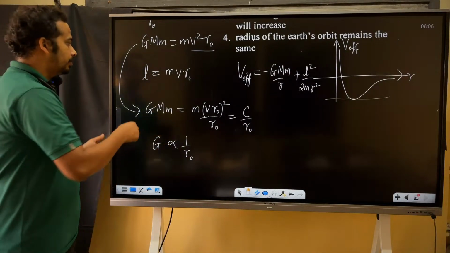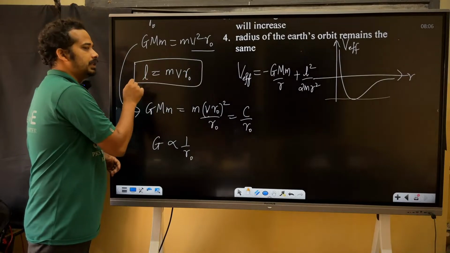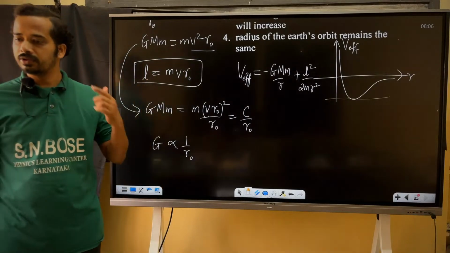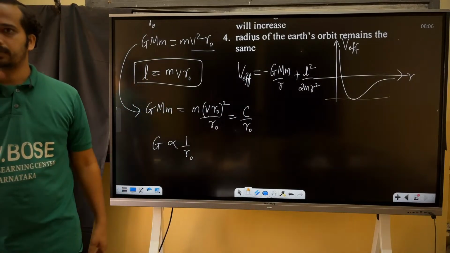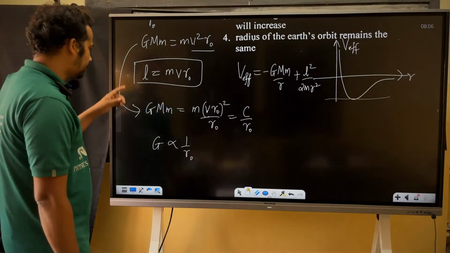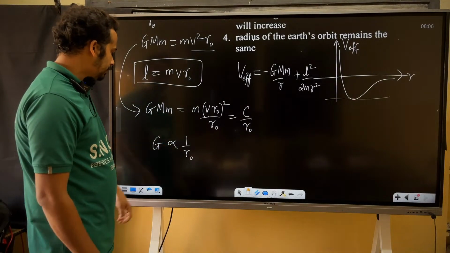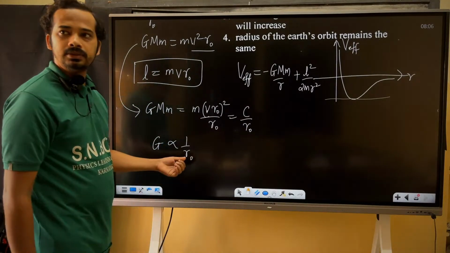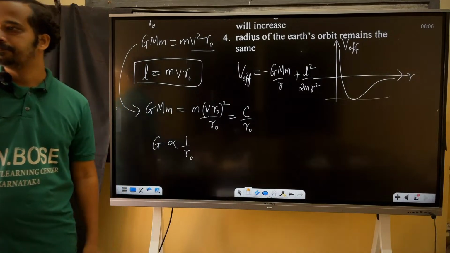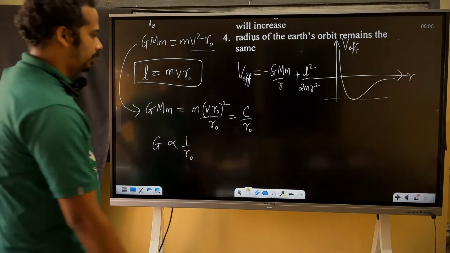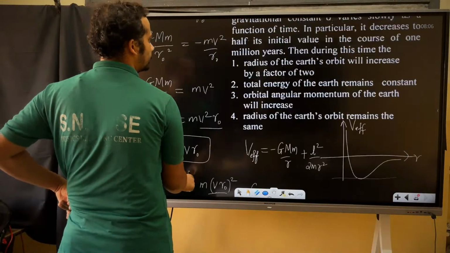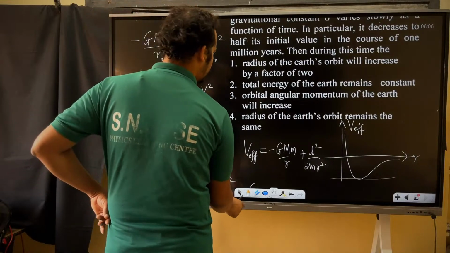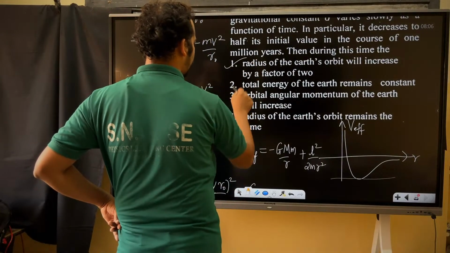But how to grab the idea that angular momentum is conserved in the process? Let me think over it. If I have conservation of angular momentum, then when G becomes half, R becomes double the earlier one. The radius of the Earth's orbit will increase by a factor of 2.